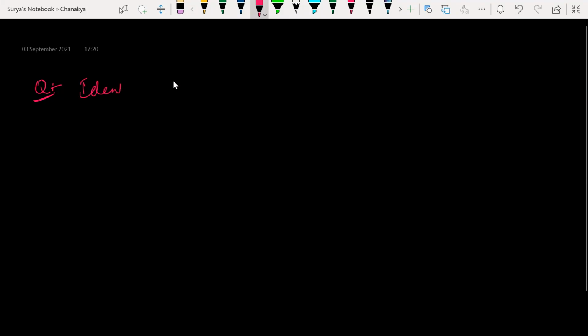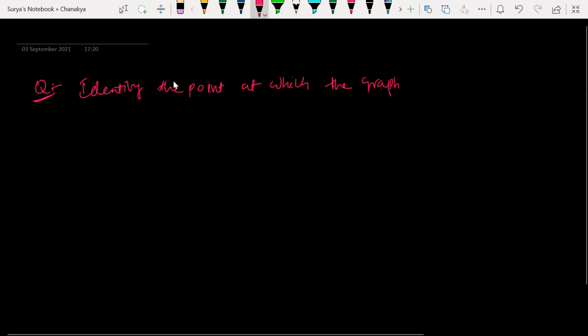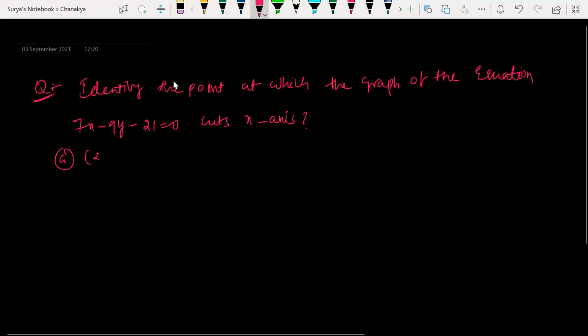Next, the question is: identify the point at which the graph of the equation 7x minus 9y minus 21 is equal to 0 cuts the x-axis. Option A, 21 comma 0.